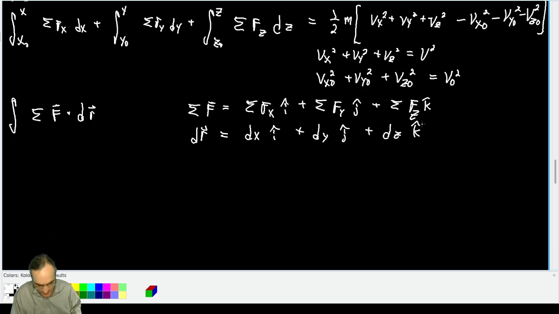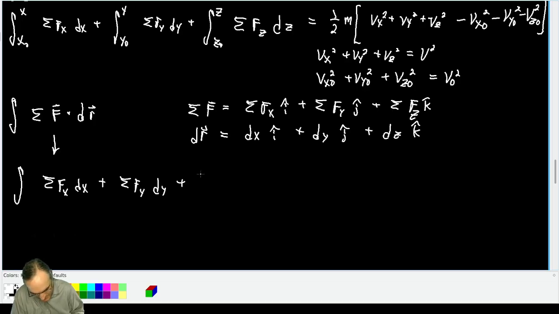Now the way a dot product works is you can only take things that have the same hat and multiply them together. So if we actually took this integral of the force vector dot product with the position vector, that is going to become the integral of sum of forces in x dx plus sum of forces in y dy plus sum of forces in z dz.